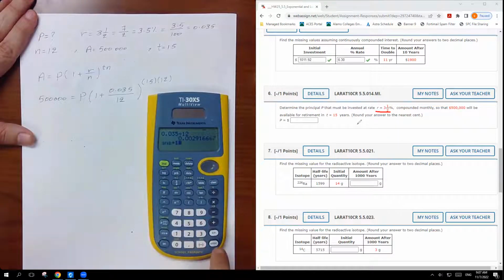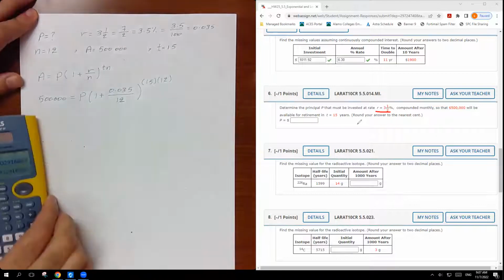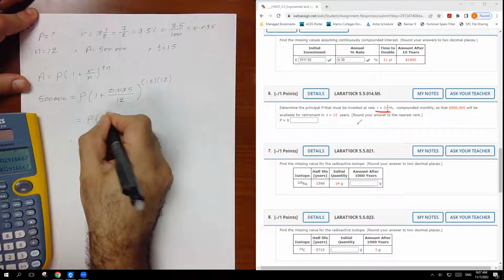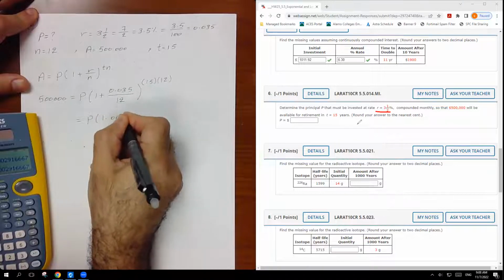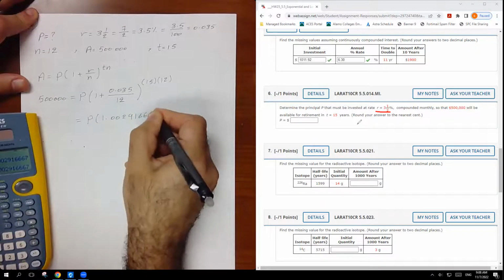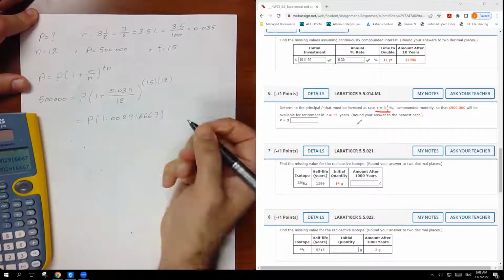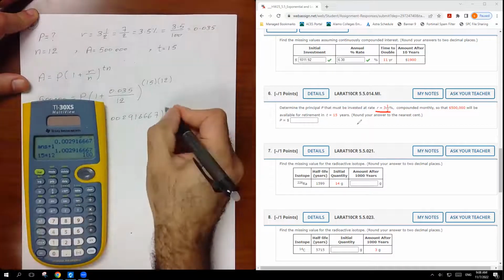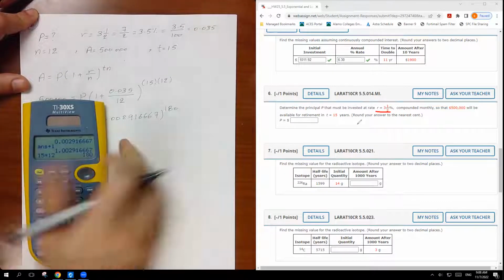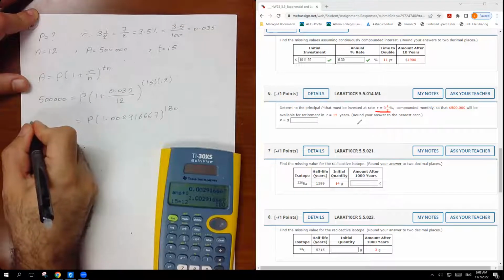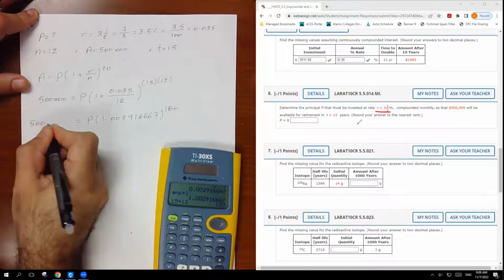So we're going to get P times 1.002916667. That's what we got. 15 times 12 is going to be 180. So this side we already have this amount, and the other side is 500,000.